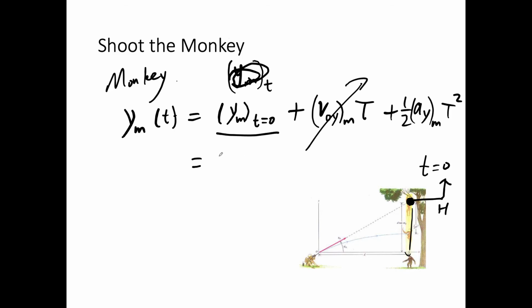And we know this is h, and this is half g t squared.